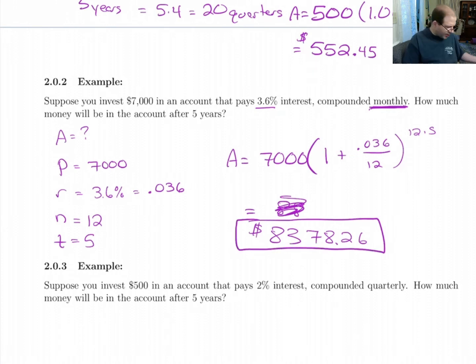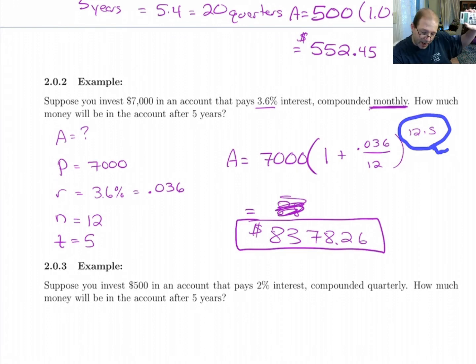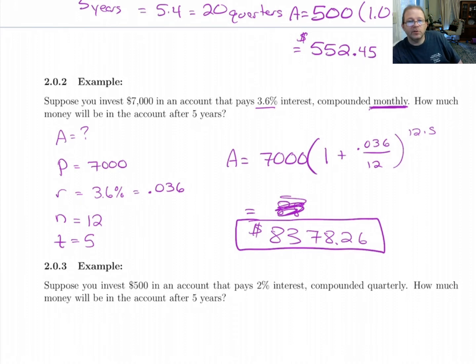Now, when you put this in your calculator, depending on the calculator you have, you need to be careful of a couple of things. Mainly this 12 times 5. Unless you have a calculator that actually puts that up as an exponent, like up high, you probably need to put parentheses around it. Otherwise, it'll raise it to the 12th power and then multiply by 5. So order of operations is important. I thought I had a TI calculator, but I've moved it somewhere else.